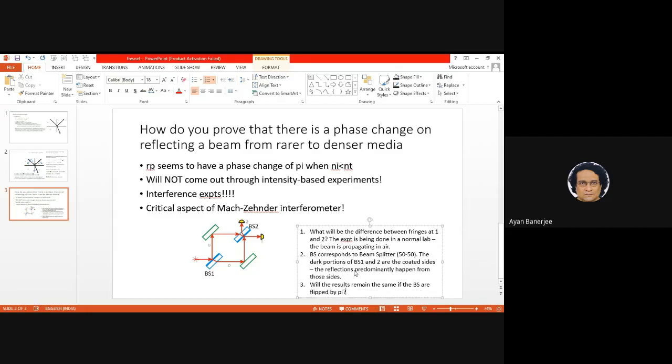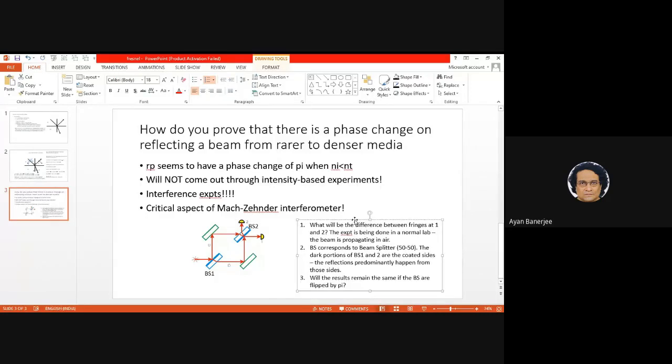You understand? So here I have the coated side facing the beam, I flip it so that the uncoated side faces the beam. And is that important at all? You understand? Is this clear to everybody? Please tell me if it's not clear.